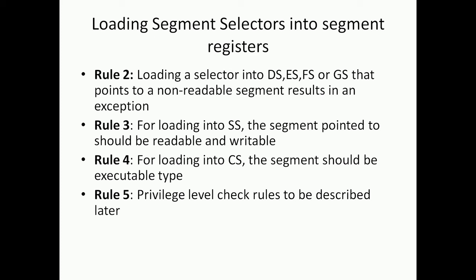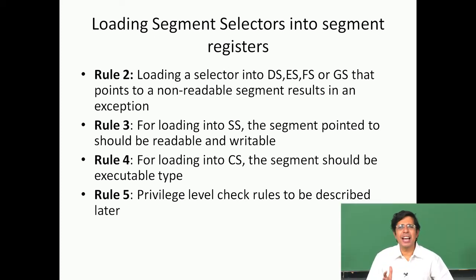Otherwise, it will give you an exception. So please note that the architecture does a lot of checks before it allows you to start using a segment. If you rigorously follow these rules, your operating system has to be secure. The main reason there is vulnerability today is that many operating systems have forgotten or not used these rules. You follow what I am trying to say?